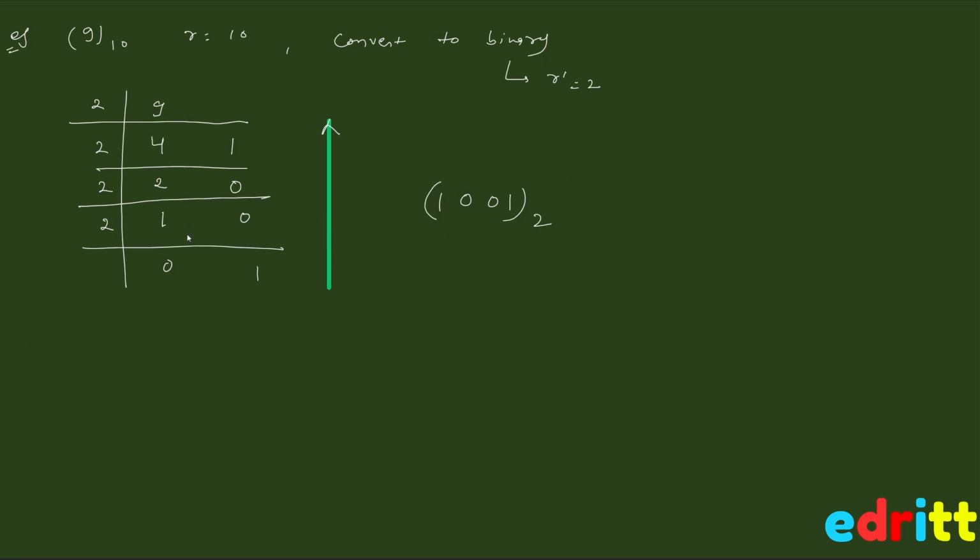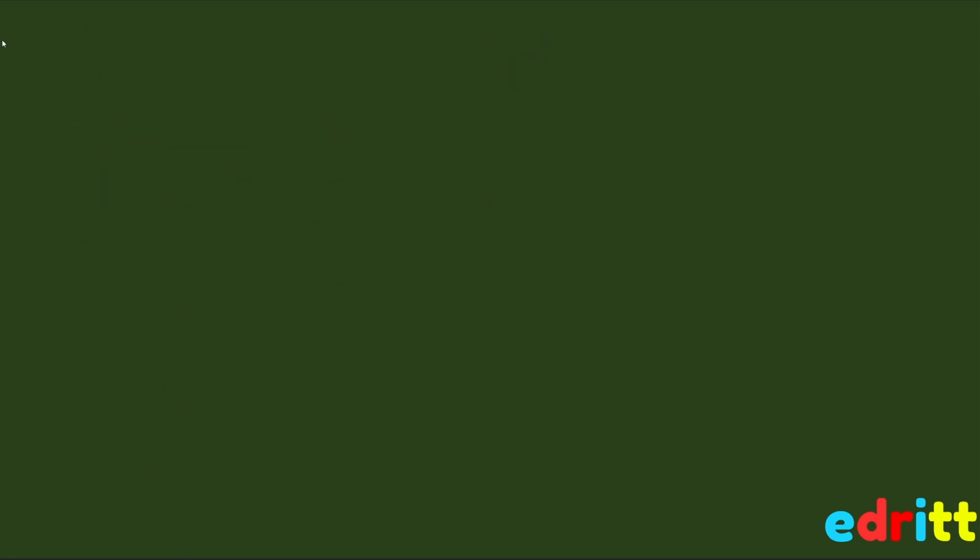Now let's try to understand another example. Let's take one complex example of 87 base 10, and we are asked to convert it to the updated radix 2, which is binary. How can we do that? So again, I have to follow the same procedure. I'll write this 87 over here, 2 over here, 2 4s are 8, 2 3s are 6.